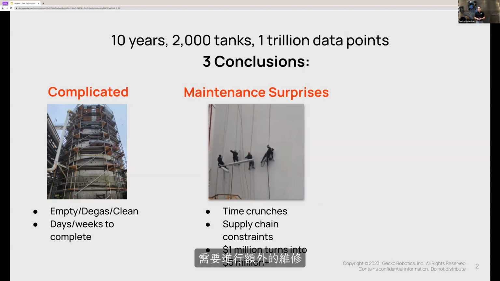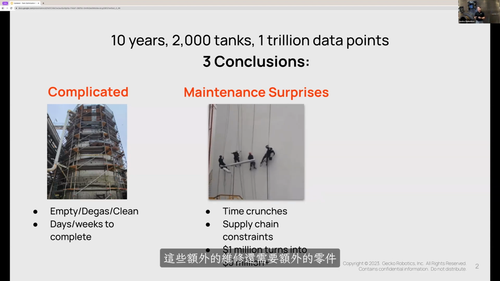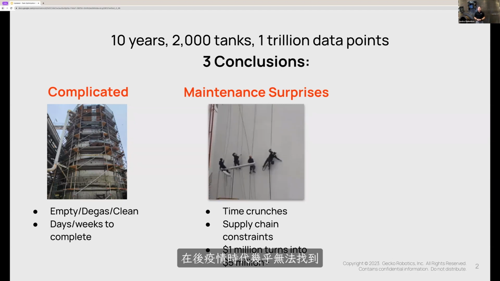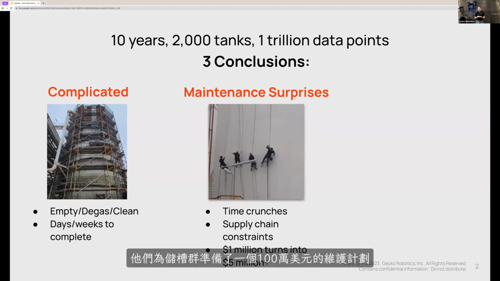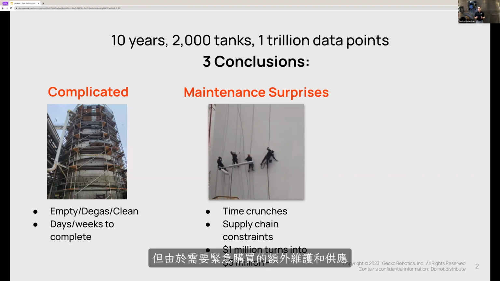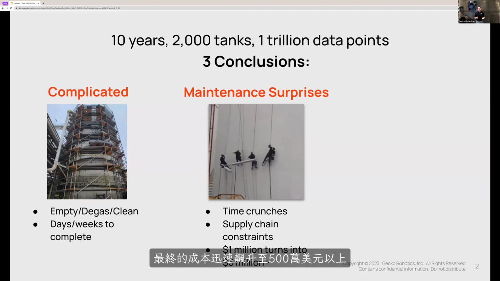And sometimes those additional repairs also require additional parts that in this post-COVID world are nearly impossible to source. In fact, we had one customer recently that put together a $1 million maintenance plan for their tank farms, and that $1 million quickly grew to over $5 million because of the additional maintenance surprises and supplies that they had to buy on an emergency basis.